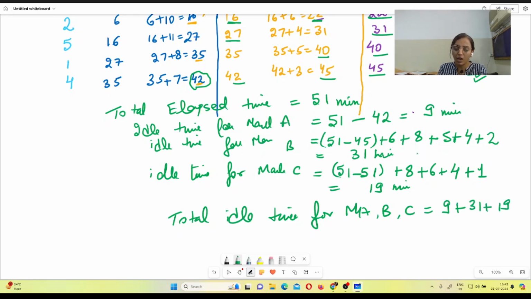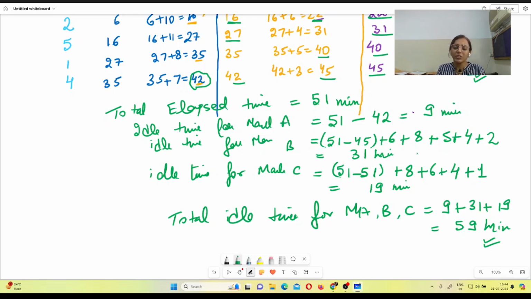Then the total will come to 59 minutes, sorry, not hours. For 59 minutes, it is having an idle time. This is the way we are able to find the total elapsed time and the total idle time for machines A, B, and C.